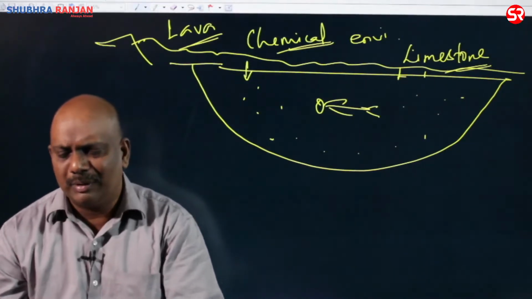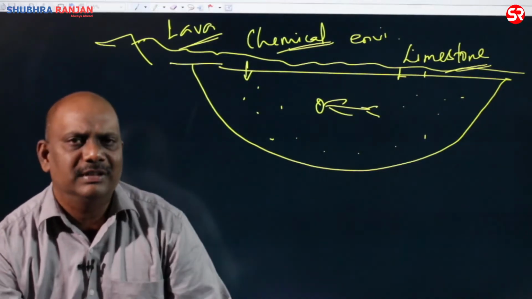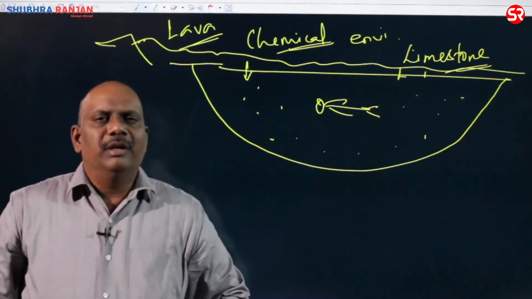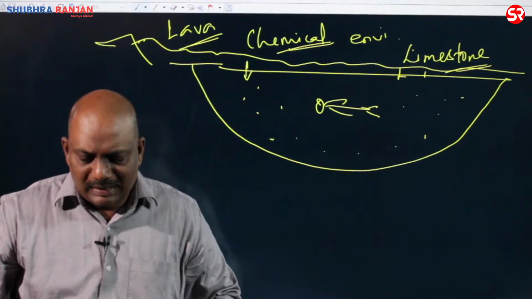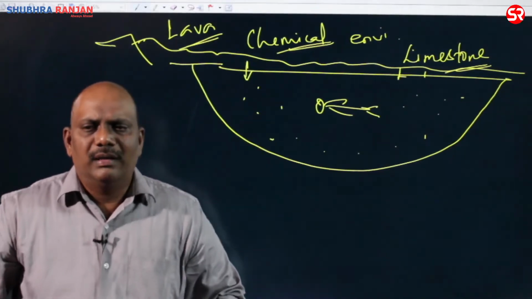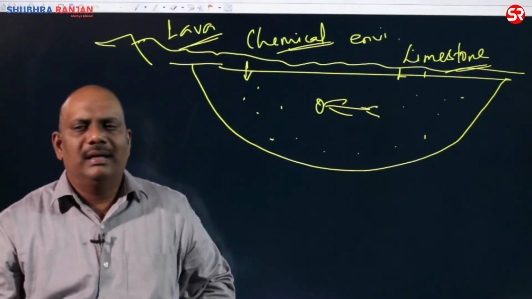If you go to a museum, in every museum you can see some fossils. In our National Museum in New Delhi, once you are in Delhi for your preparation, there are a few places you can go and have a look.